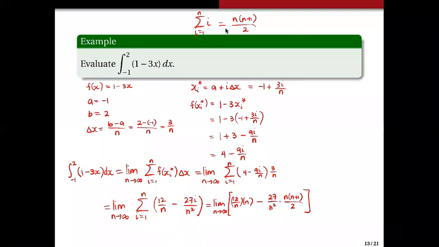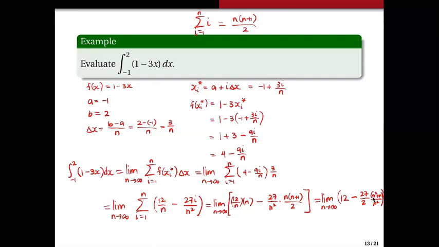Then you can simplify everything. This is now equal to the limit as n approaches plus infinity. 12 over n times n is just 12. Minus, here you have 27 over 2, and then you multiply n squared plus n divided by n squared.